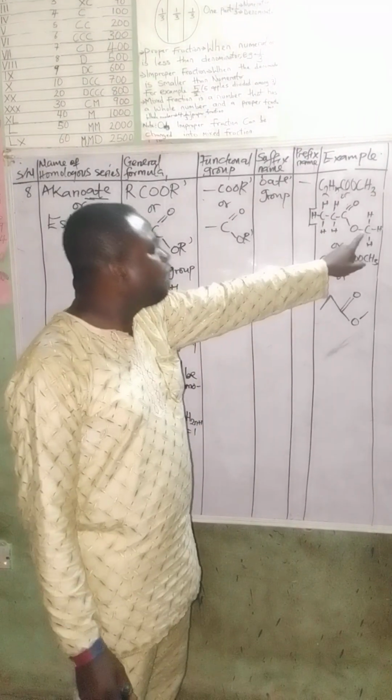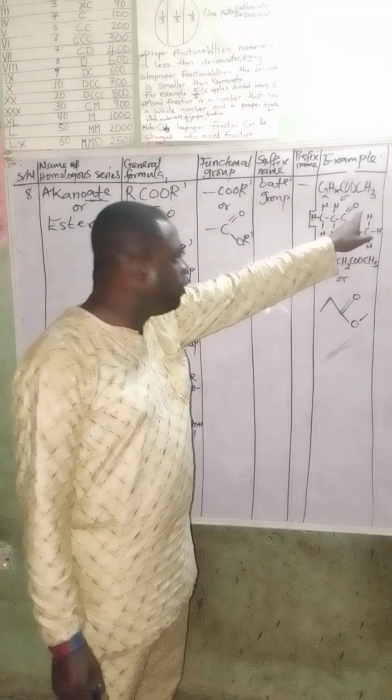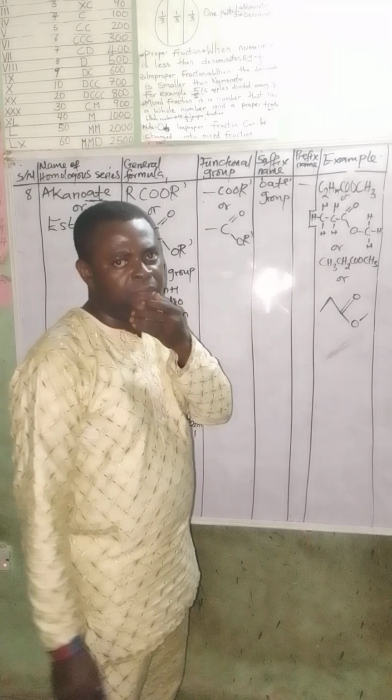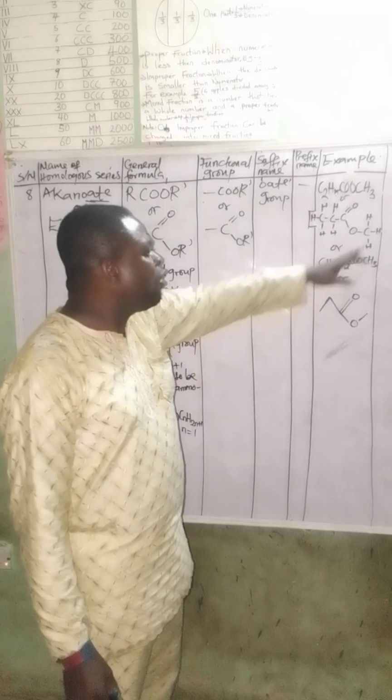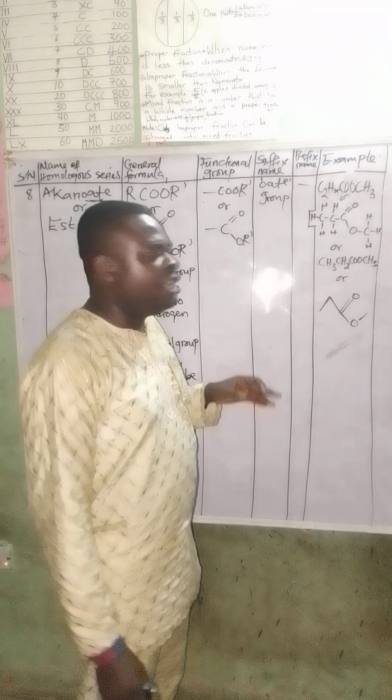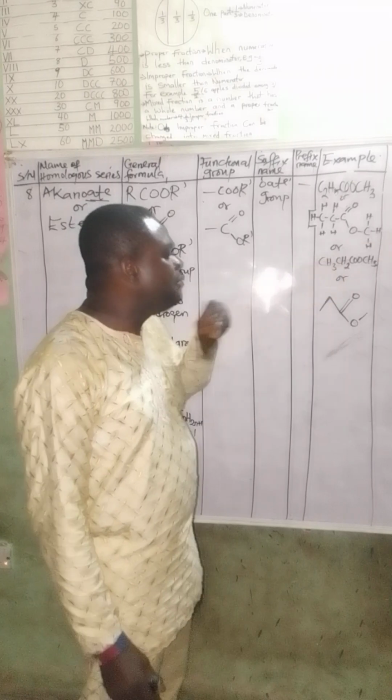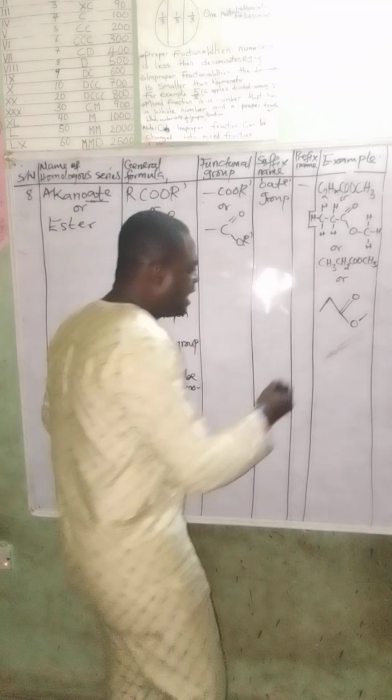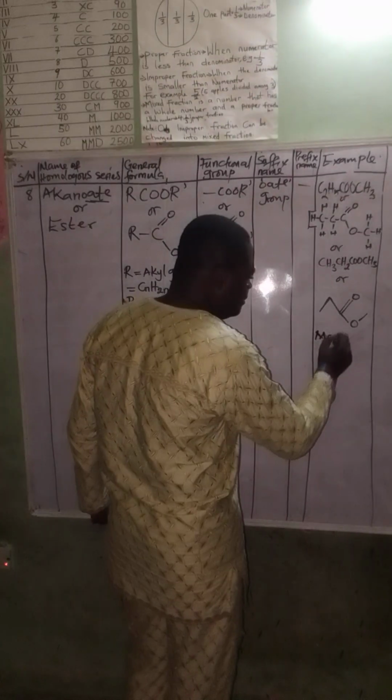While the one that is first of all joined to oxygen before joining to CO is the alkyl prime. And the rule is to first of all call from the alkyl prime. If you have 1 carbon atom with the alkyl prime, call it methyl. Like you have here now, methyl.